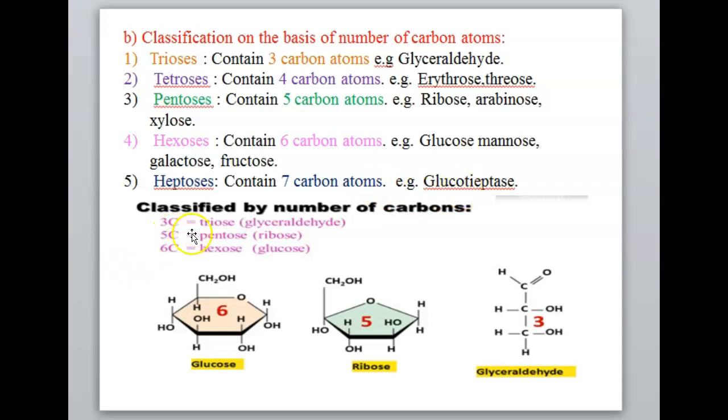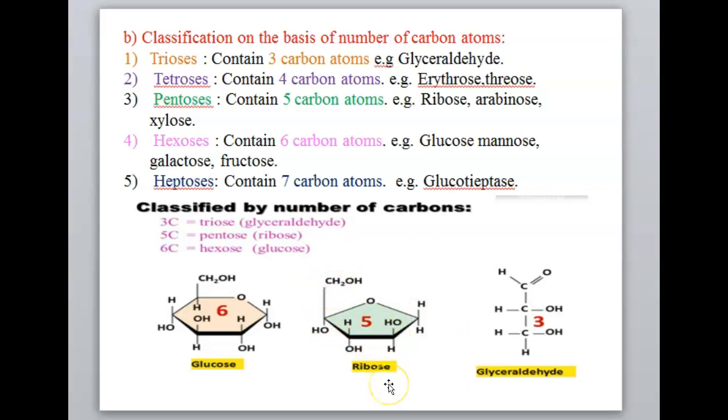See this 3 carbon atom structure, that is the triose. The example is glyceraldehyde, with carbon number 1, 2, 3. 3 carbon atoms are there. So this is the triose, and the example is glyceraldehyde. You just see the ribose example. In this ribose, 5 carbon atoms are present. So this comes under the pentoses, that is 5 carbon atoms: 1, 2, 3, 4, and here is the 5th carbon atom.